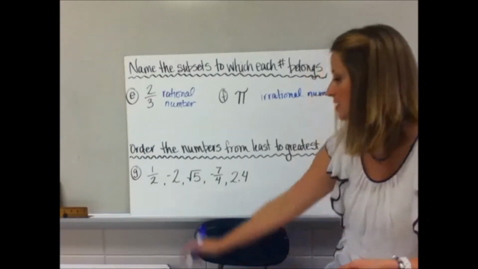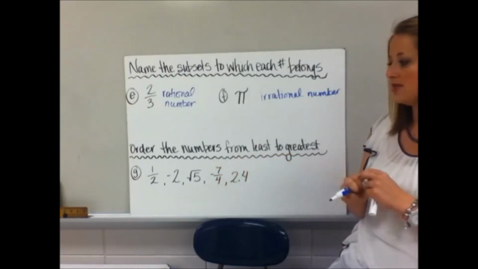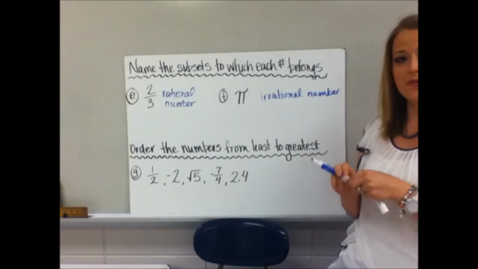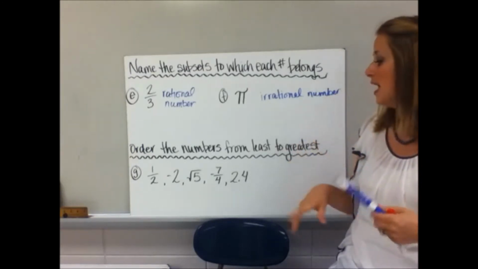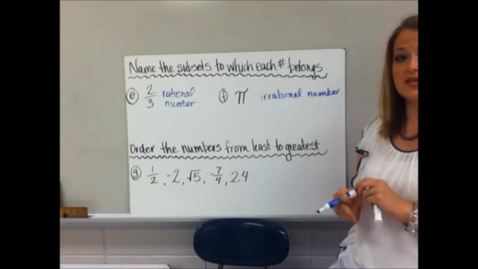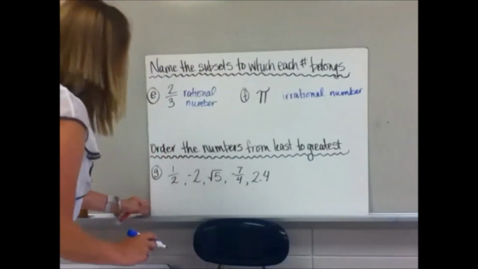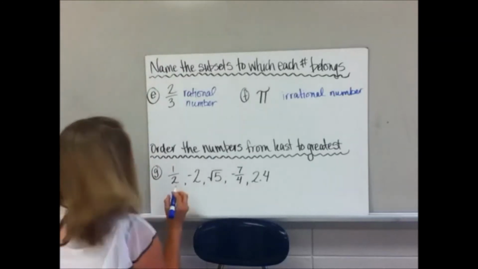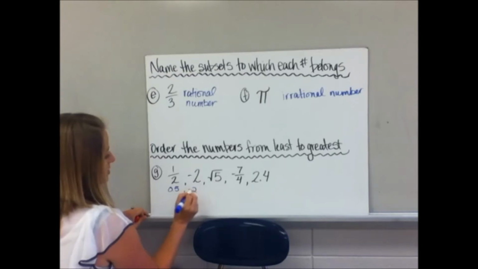And on our last practice problem down here, order these numbers from least to greatest. We have all kinds of numbers down here. We're going to need to write them all in the same language to be able to compare them and think about them on a number line. I think it's easiest to think of these in terms of a decimal. So 1/2 would be like the decimal 0.5. -2, obviously, we can keep it as -2.